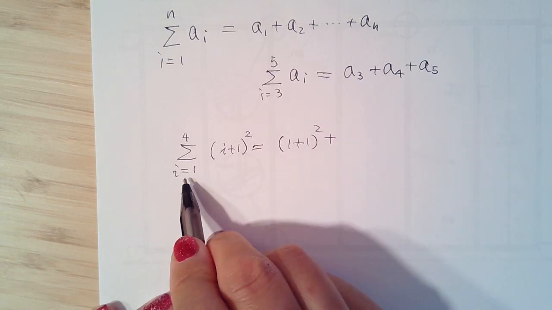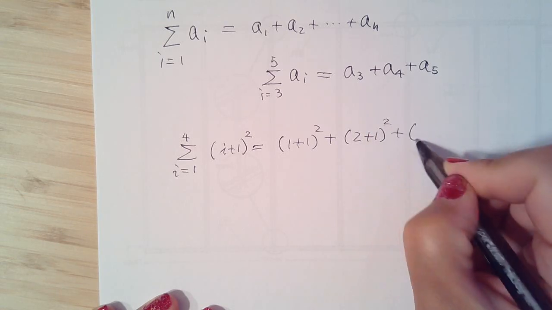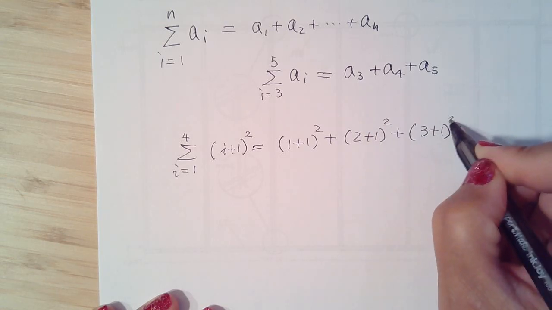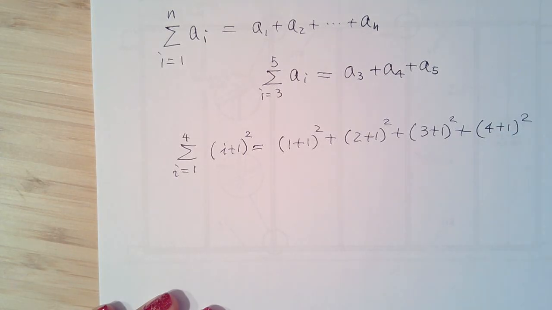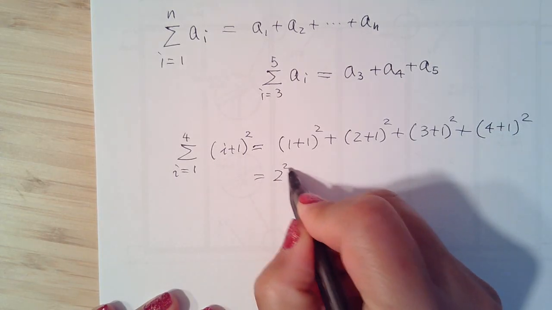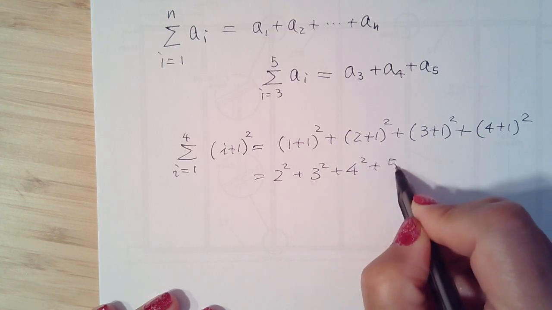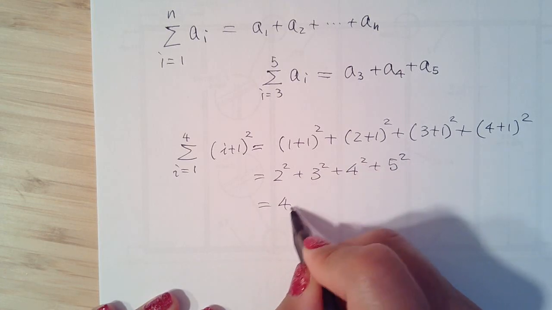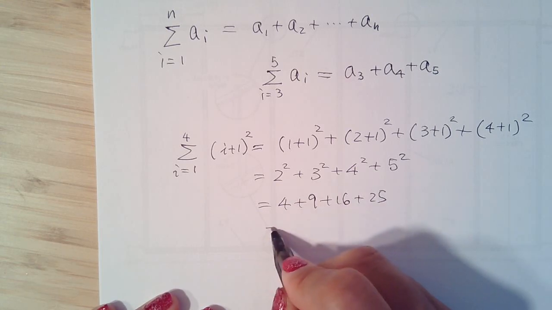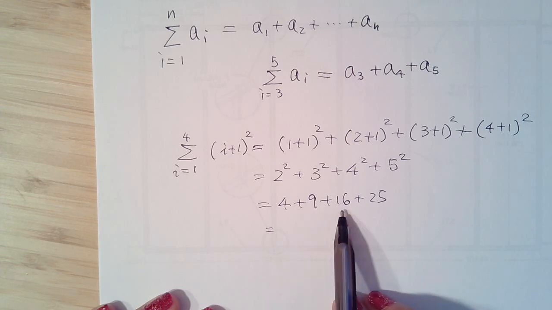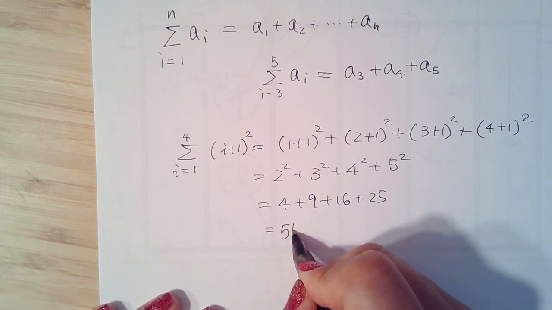The second term, i equals 2, so that's (2 plus 1) squared. The third term, (3 plus 1) squared. The fourth term, (4 plus 1) squared. Okay, and that is 2 squared, 3 squared, 4 squared, and 5 squared. So that's 4 plus 9 plus 16 plus 25. And that answer is, because 9 plus 25 is 34, plus 20 is 54, so the answer is 54.